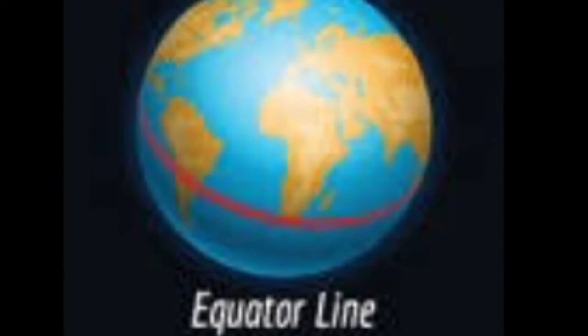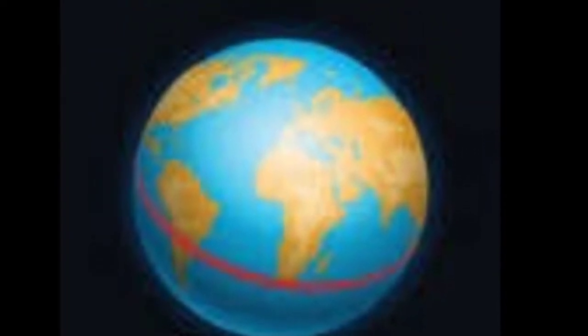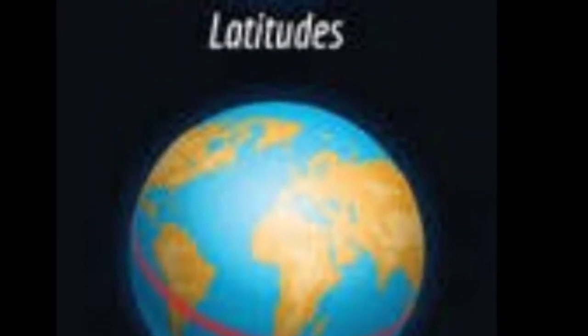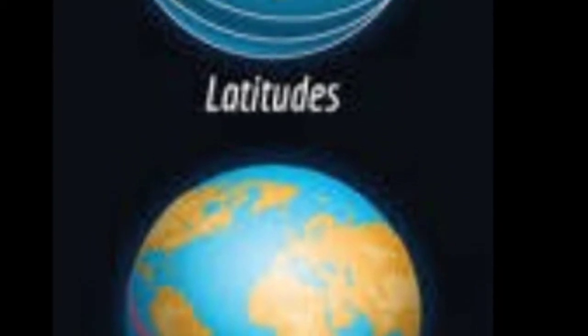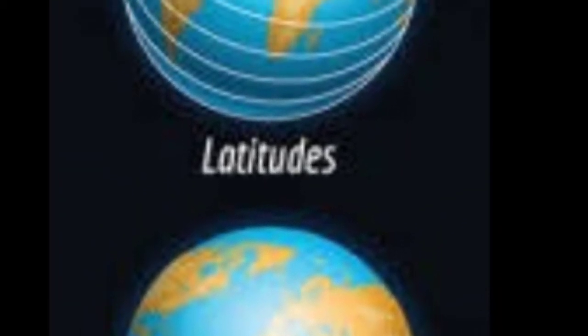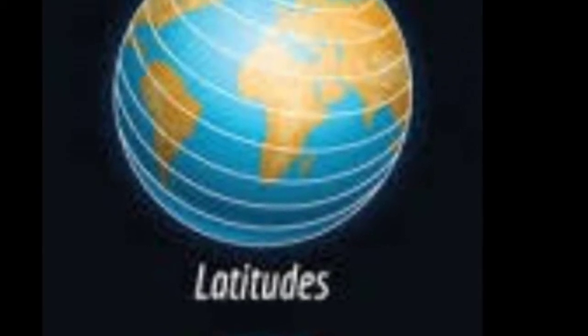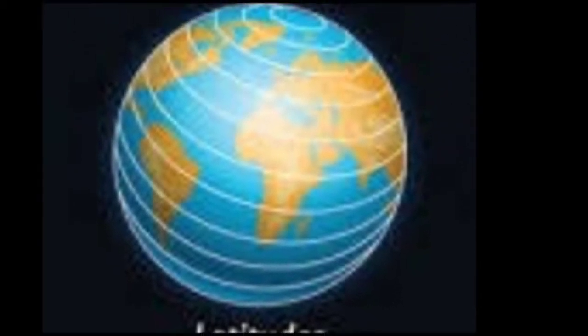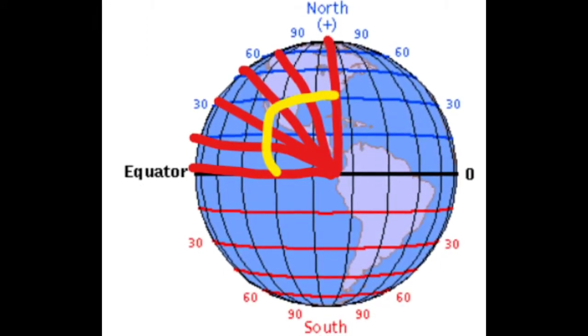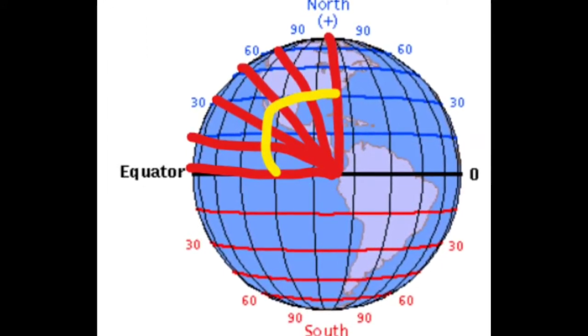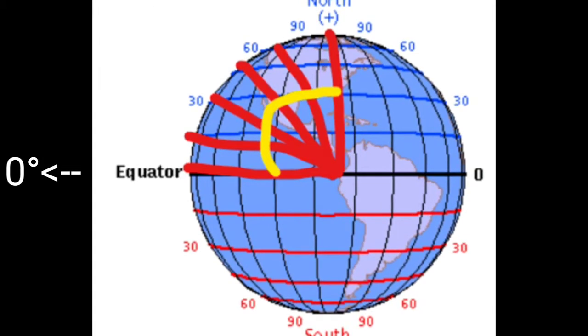Now we come to the important part of the chapter. All parallel circles from the equator up to the poles are called parallels of latitude. Means all the imaginary horizontal lines on Earth are known as latitudes. Latitudes are measured in degrees. The equator represents the 0 degree latitude.